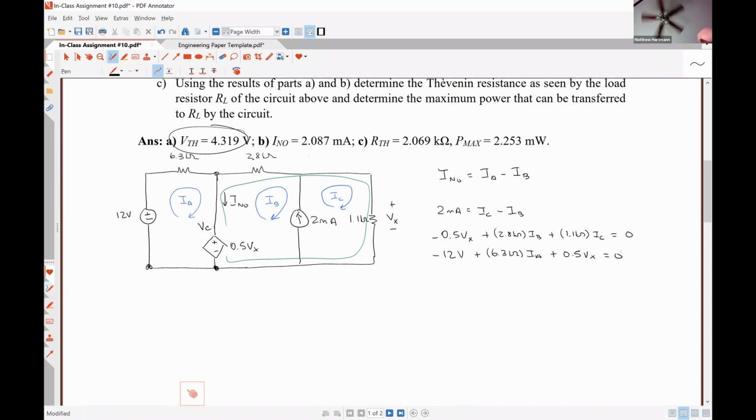Okay. So we have three equations, but we have a fourth unknown here because we have Vx. So how are we going to express Vx in terms of our mesh currents? 1.1 kilo ohms times IC. Exactly right. So we have a total of four equations, four unknowns, but we could substitute this guy into here.